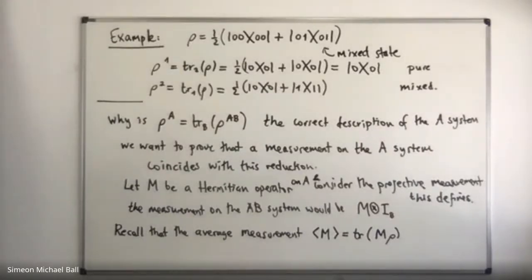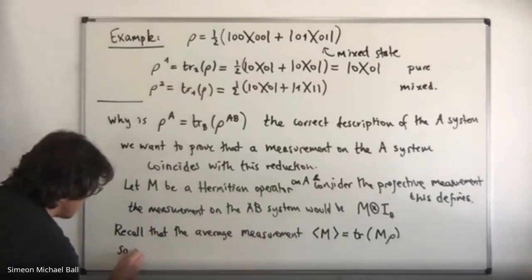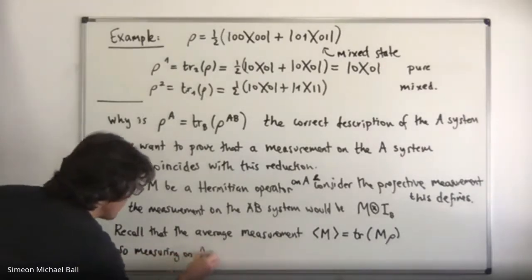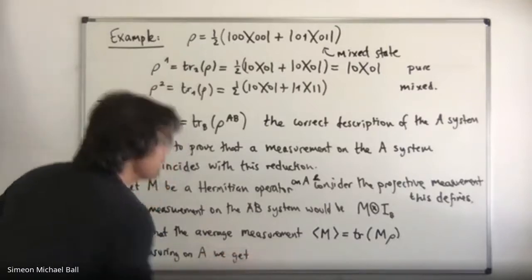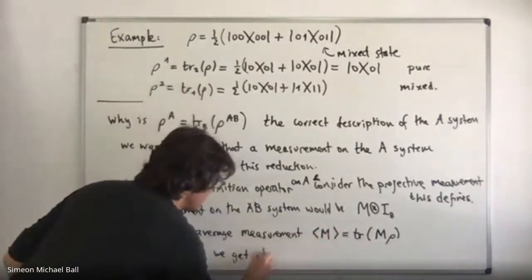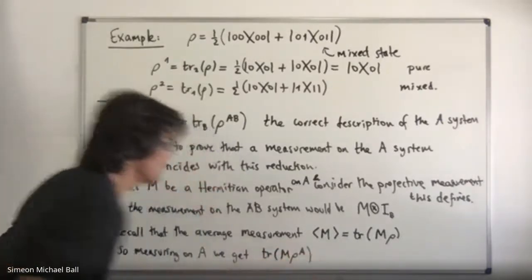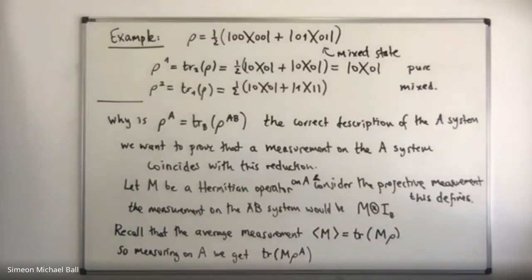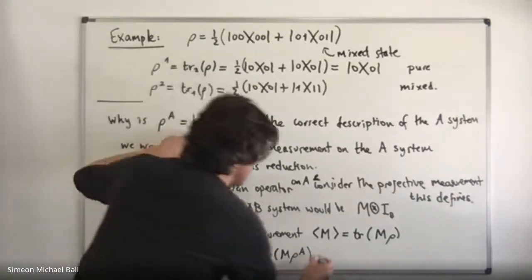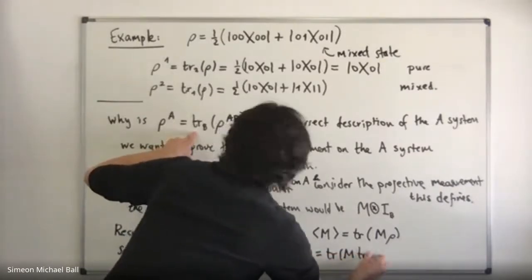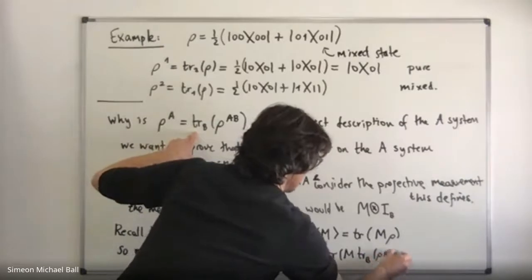So measuring on the system A, we have to use the reduced density operator, so we get the trace of M rho A. Now, rho A is just this, so this is the trace of M times the trace over B of rho AB.